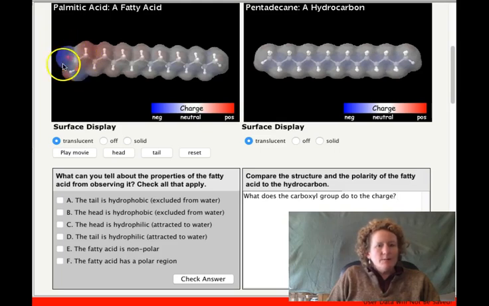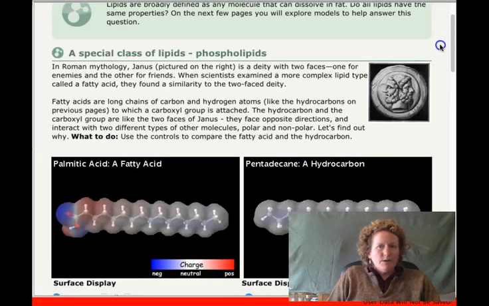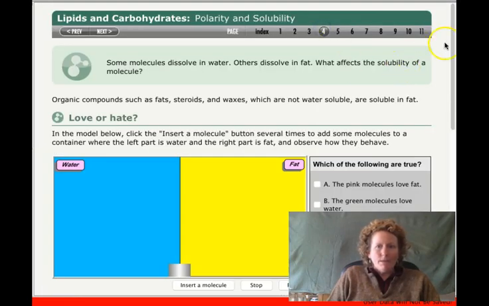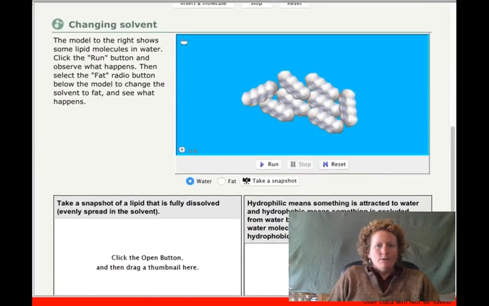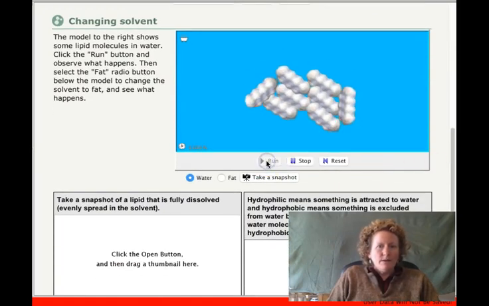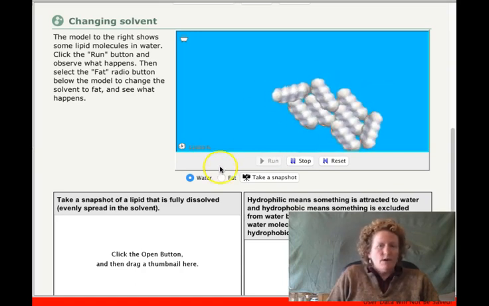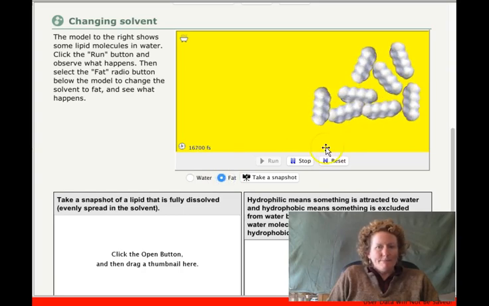So this part of the molecule, the head, is probably going to like water. If you're not charged, like we saw in the lipids on the previous page where these guys were bouncing around in water, these are not charged. So they're just going to stick to themselves. They're not going to like water. They do like fat.